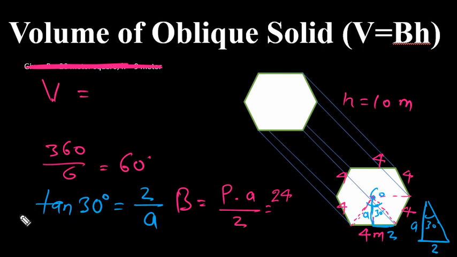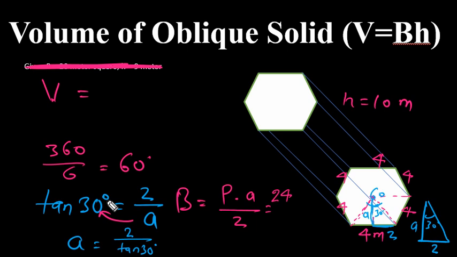Okay, now how will you solve this? Use the calculator. So A will be equal to 2 divided by tan 30, right? We can just switch places, cross product you can call it.